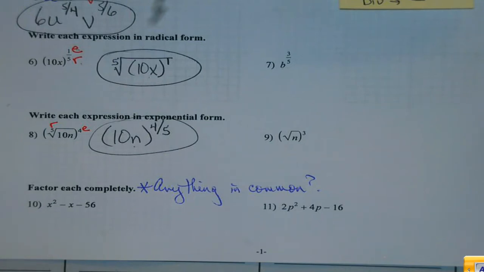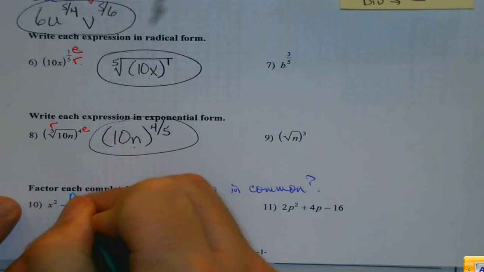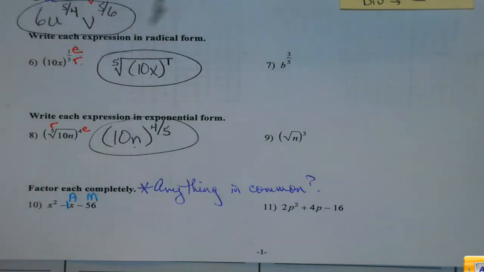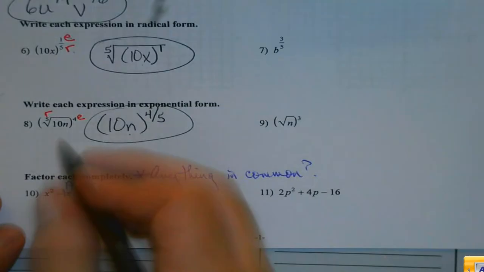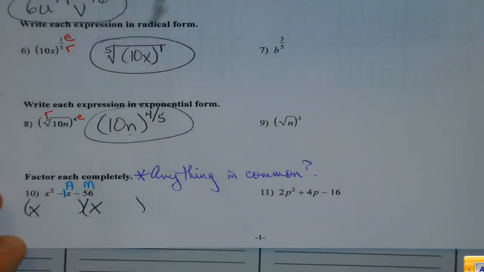Okay. So in that case, I'm looking for two numbers that multiply to get the number on the end and add to get the number in the middle. So I noticed some things. First thing I notice is my multiply number is negative. Which means what?